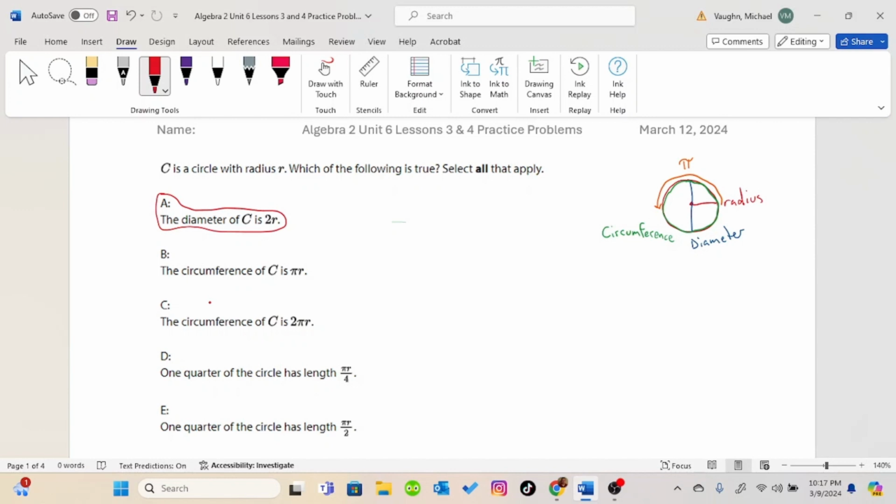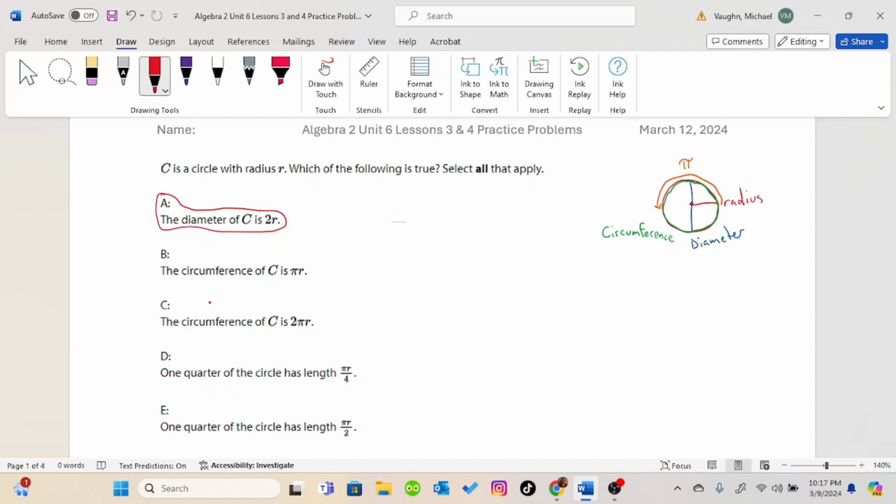B, the circumference of C is pi times r. So if we want to know how long the distance is all the way around the circle, r would tell us how big the circle is. So it tells us how far from the center we are.